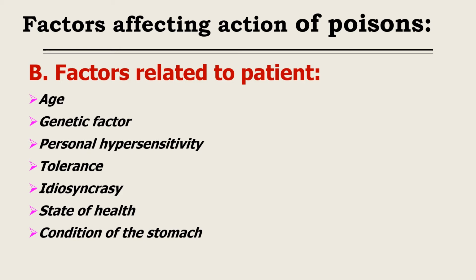And this will affect the toxicokinetics of the poison, affecting the absorption, the excretion, and the metabolism of the poison, so the old age patient will be exposed very easily to a toxic dose even by a small amount of the poison.